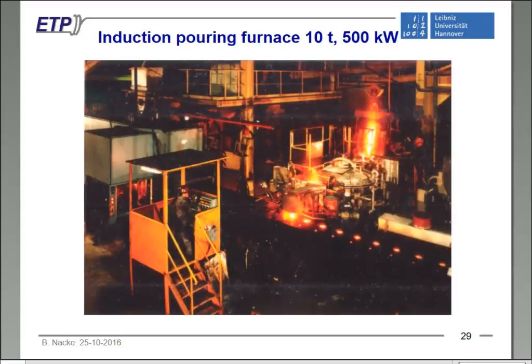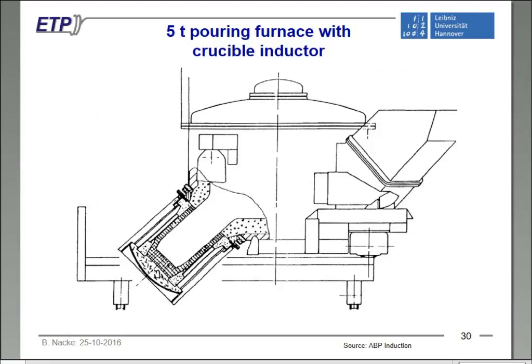Here is one picture of such a pouring furnace. It's a big one, 10 tons, 500 kilowatt power, and also for pouring furnaces, we can use a crucible inductor. Channel inductors sometimes have the problem that due to clogging, we get a closing of the channel inside. This can be avoided by a crucible.